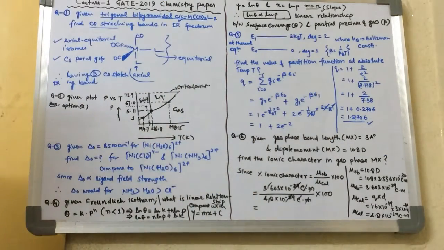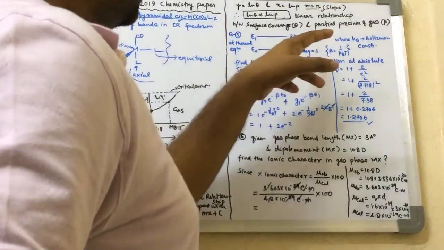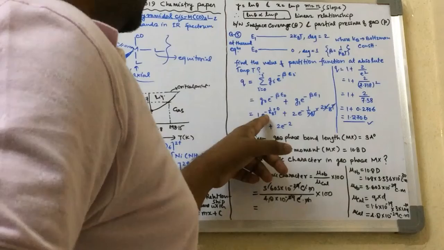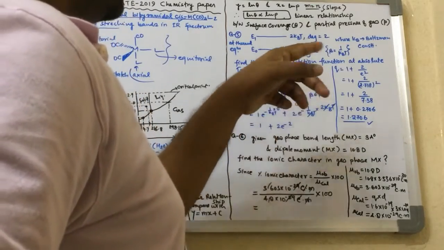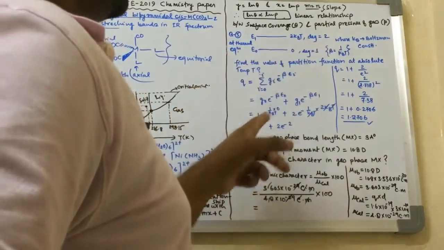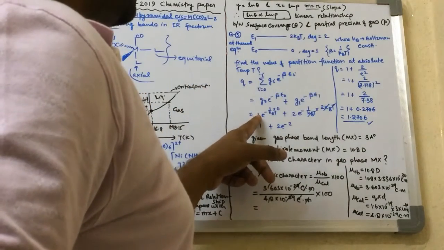Here g0 is given to us: the degeneracy of this zero energy level is 1, so I put the g0 value as 1.